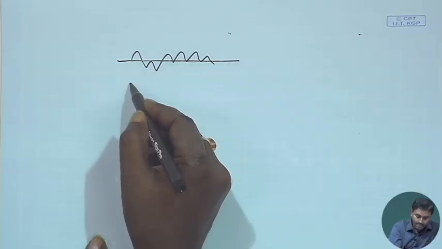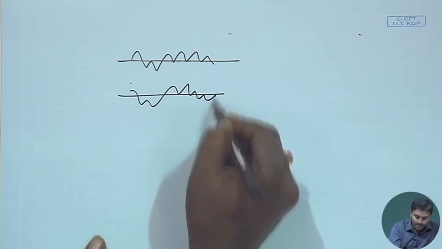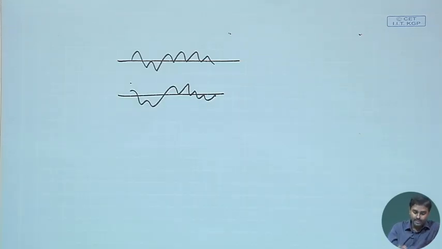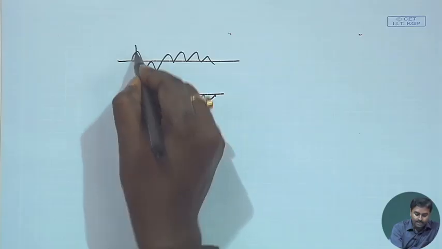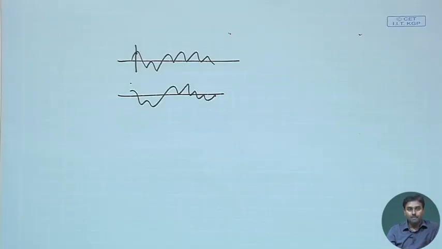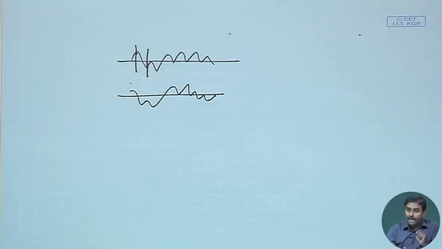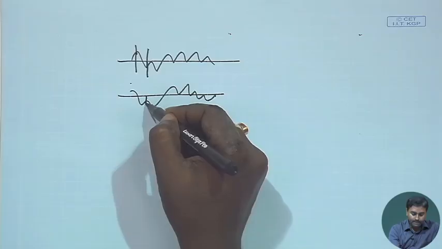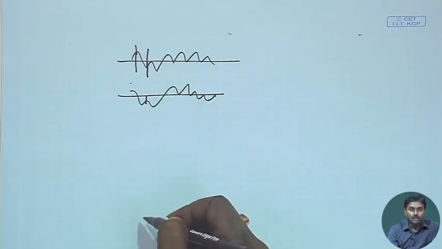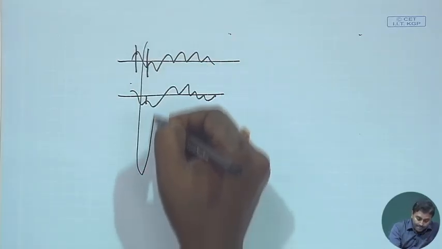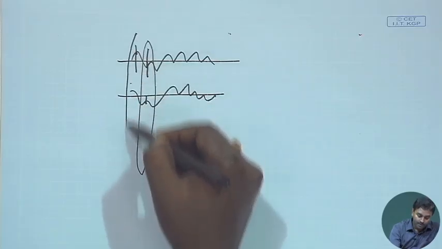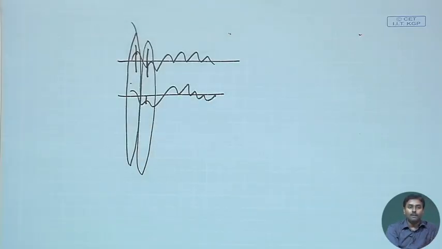So, I have a signal like this, I have another signal like this. Now, what I wish to also see is that at a particular time instance, if I have this value, then in another time instance, whatever statistical property I get if I take the snapshot among all the signals, will that have any dependency on the statistical property that I observed at an earlier or later time instance? This is also very important.